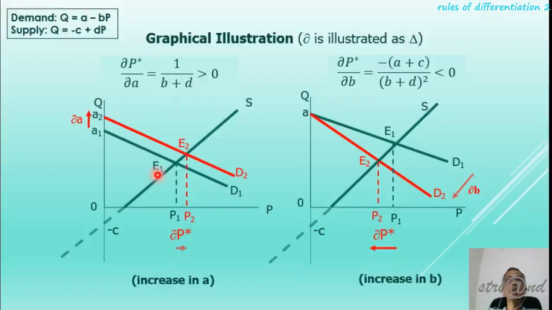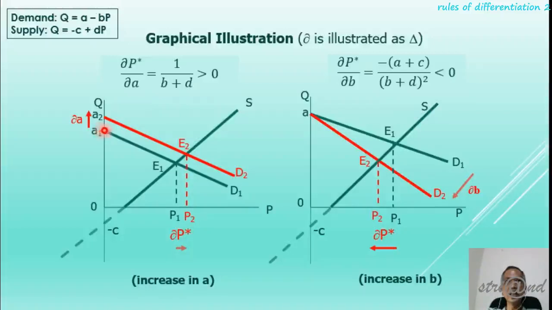And then let's see the partial derivative with respect to A. In this partial derivative, we need to find the change in P star if A changes. A in this demand function is the intercept here. It is the quantity intercept. Because in this illustration, the quantity is put on the vertical, the A is here.